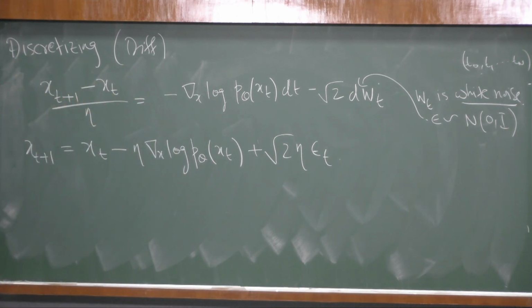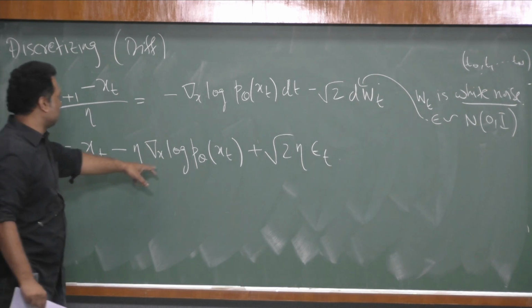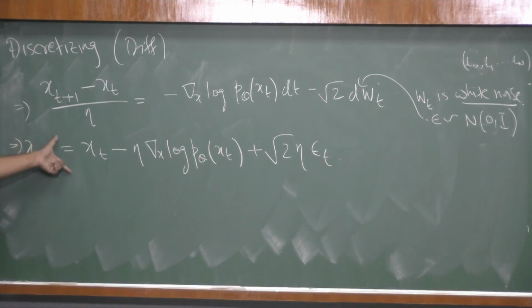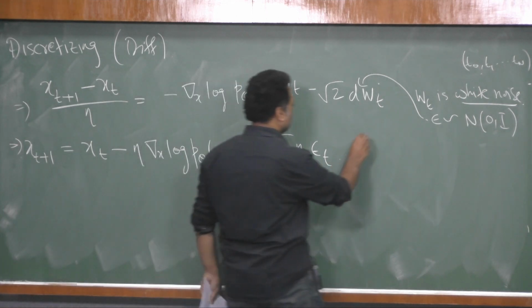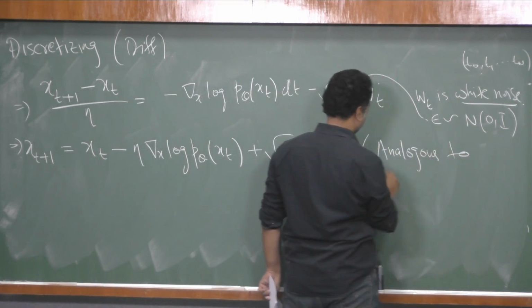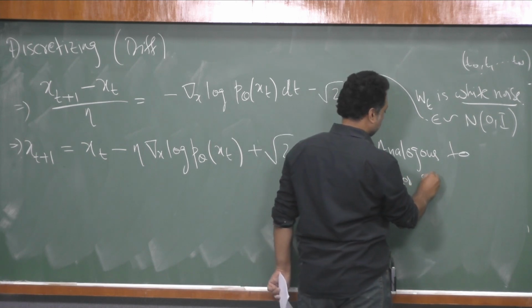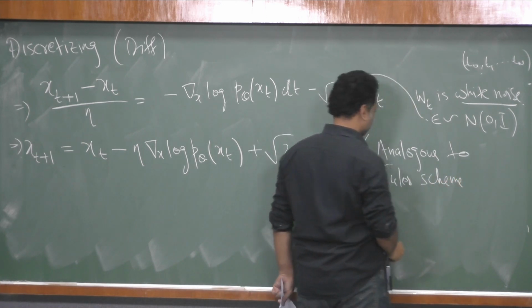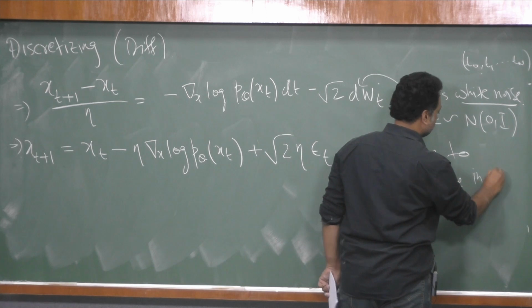And these d terms go away in the discrete case. So this is the update rule we have. In the discrete case, I will update x_{t+1} from the old x_t and these. This is the analog of the Euler discretization, the Euler scheme, that you may have seen in ODEs.